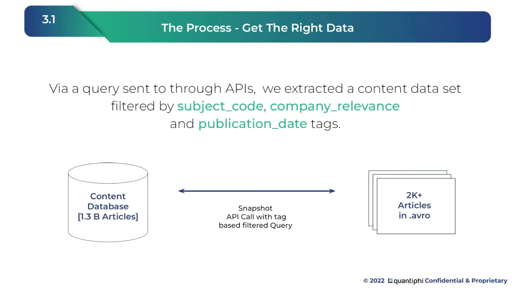The process of getting started to answer that question, even though the corpus of data existed, was to identify the right data. You need to identify what really is important to answer that question successfully. So we extracted the right data set by three main parameters: subject code, the publication date, and the company relevance. The subject codes we used were things like air, water, land, shareholder activism, workplace safety, across a publication date range of 3 years, which is where we ran the query.